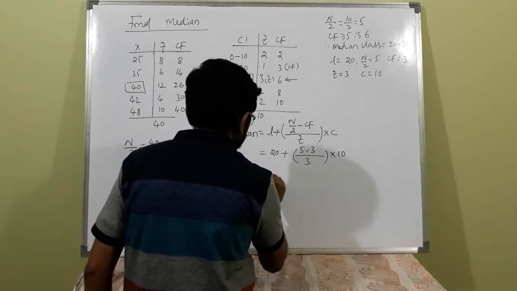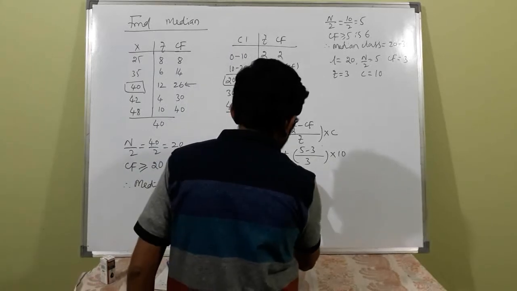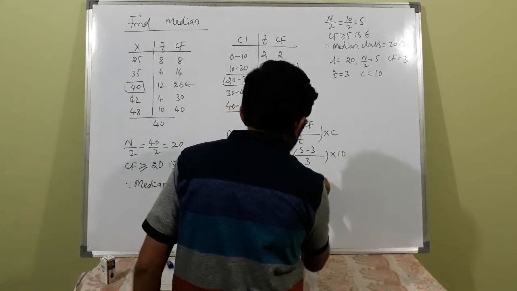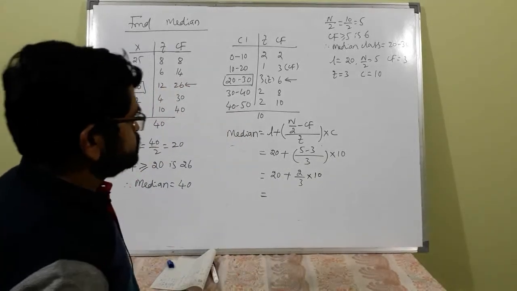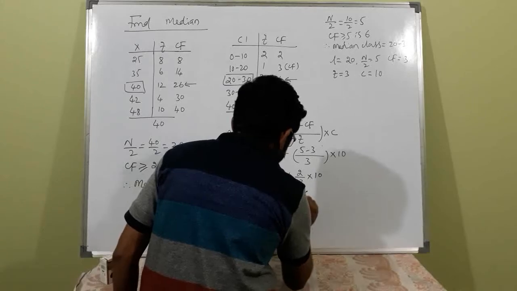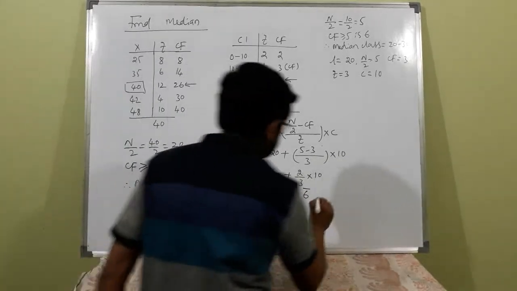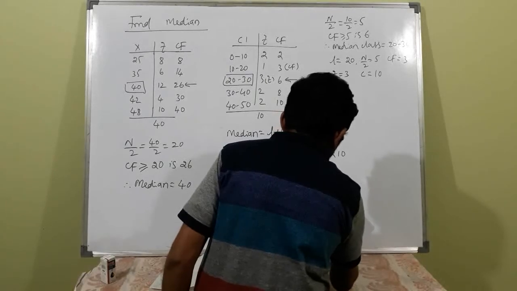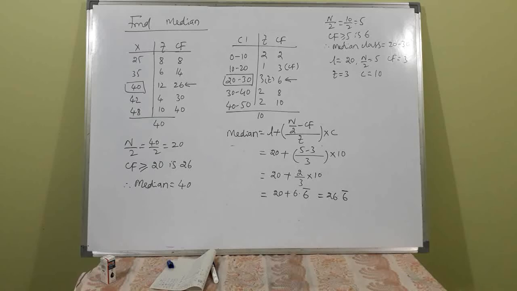That is 20 plus 2 by 3 into 10, is 20 plus 6.666 recurring. So 26.6 is the required median. You got it?